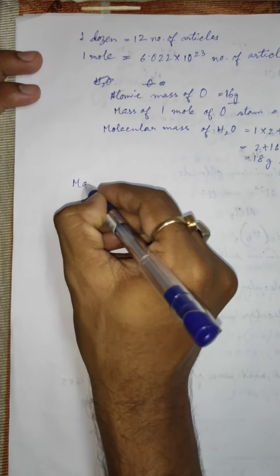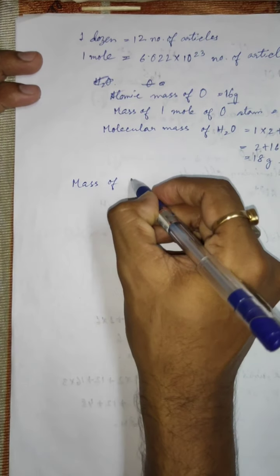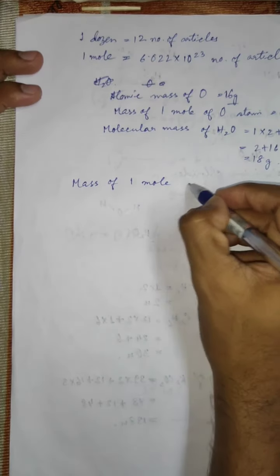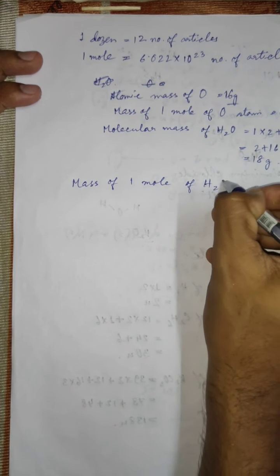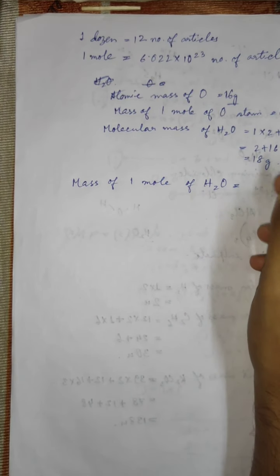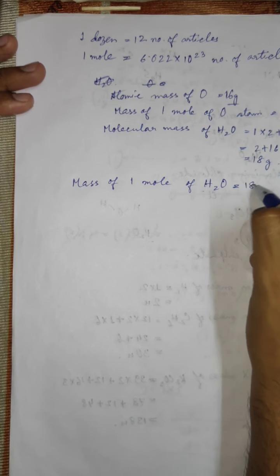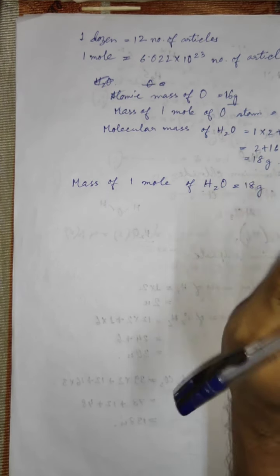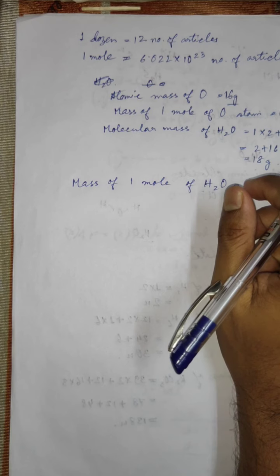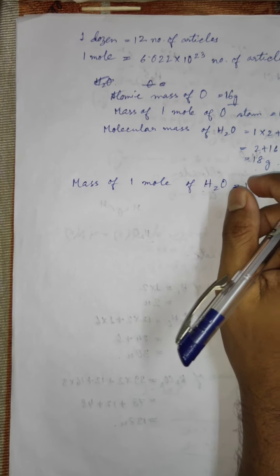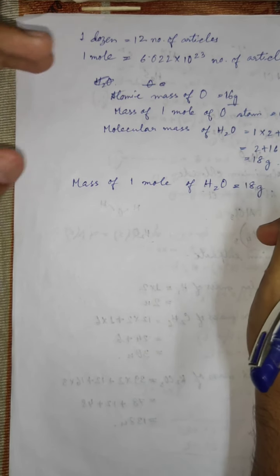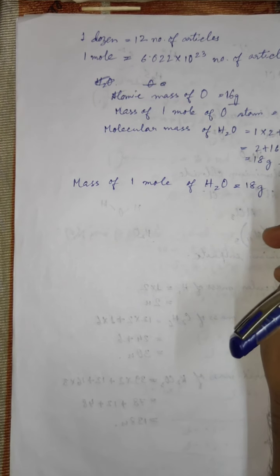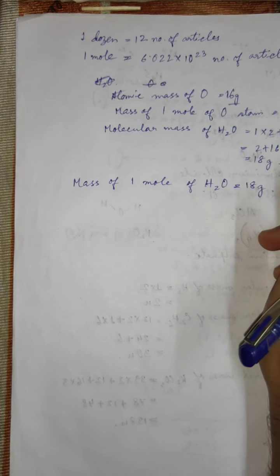So the mass of 1 mole of water is the molecular or molar mass of water. I have shown you two different examples, one for an atom and one for a molecule. This will be the same for all atoms and molecules.